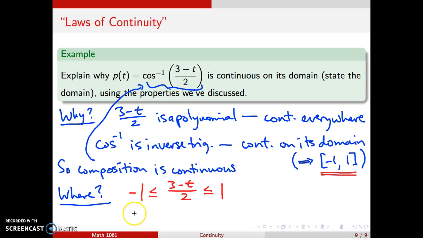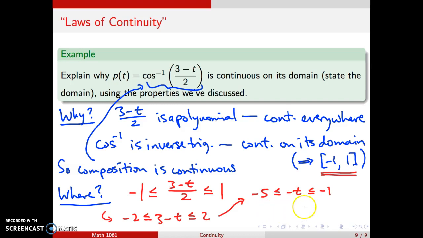That means 3 minus t has to be between -2 and 2. I'm a little tight for space here, so you've got to forgive the organization. I'm going to subtract 3: -5 is less than or equal to -t, which is less than or equal to -1.